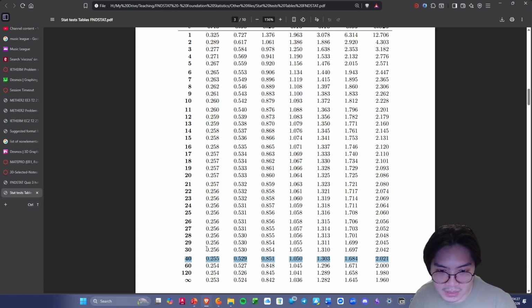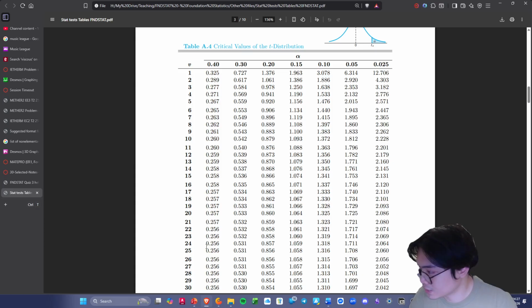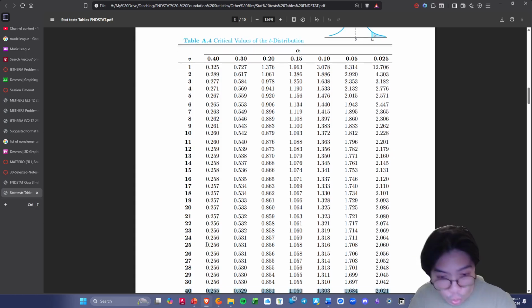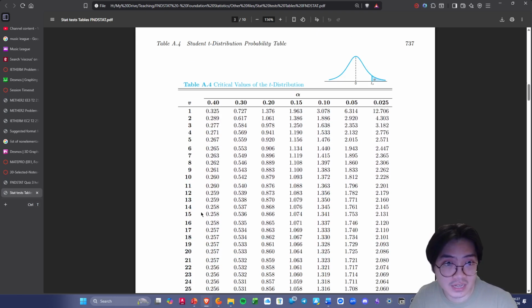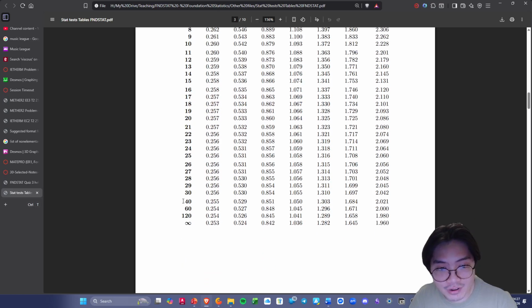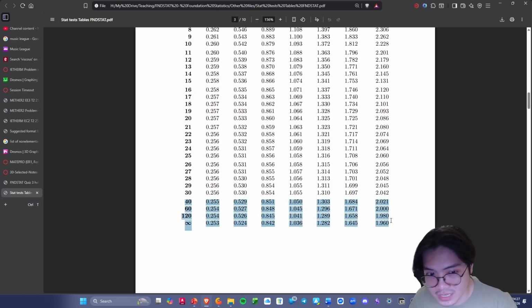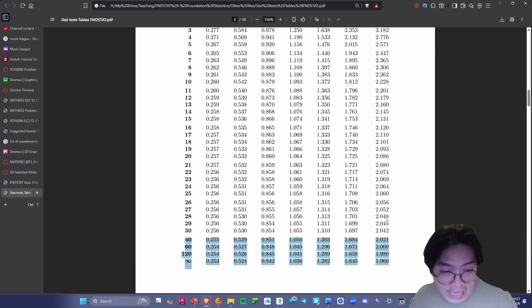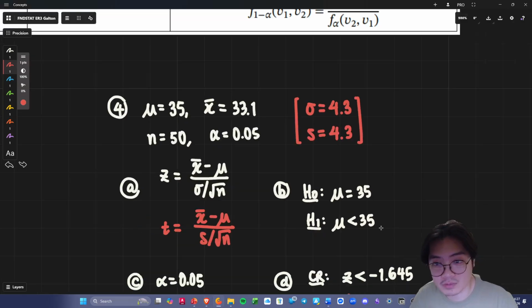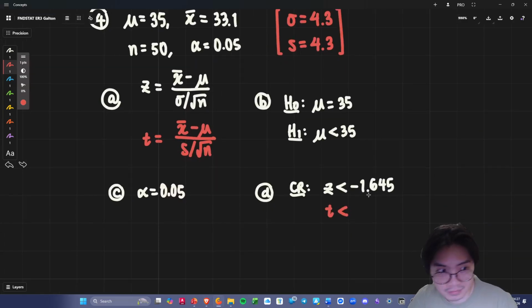And it becomes a bit of a chore to make it such that it hits 49. As you can see in here, this is your degrees of freedom. It means higher and higher samples become more and more of a normal distribution. It appears that we cannot even do this comparison, something close to this.